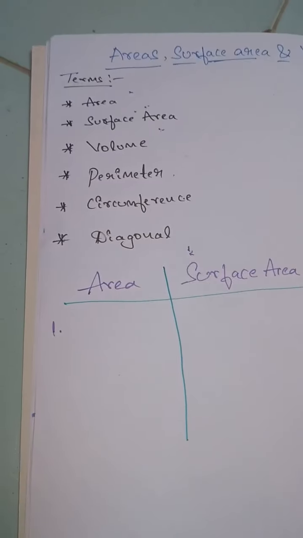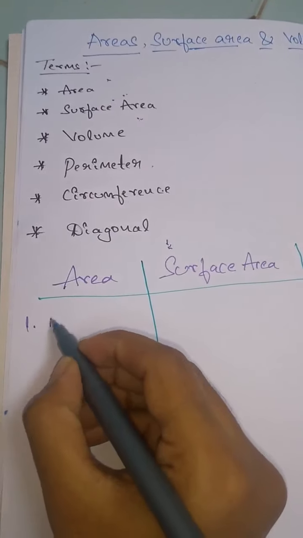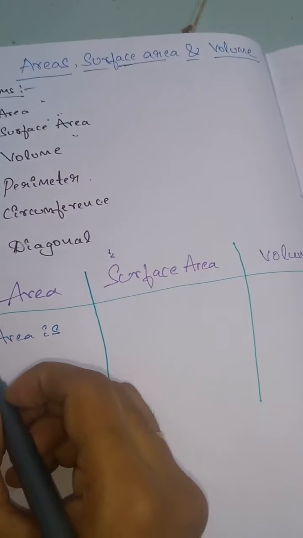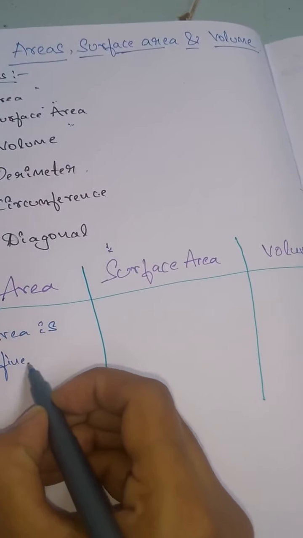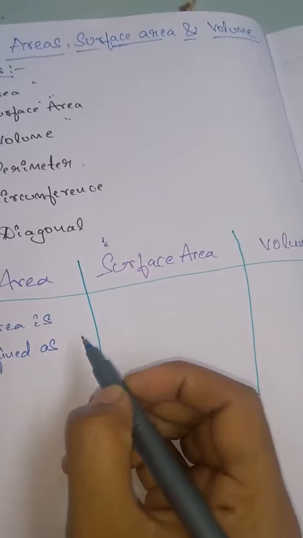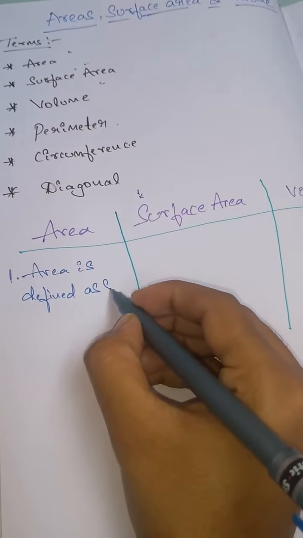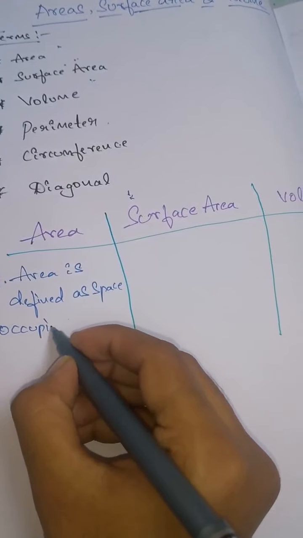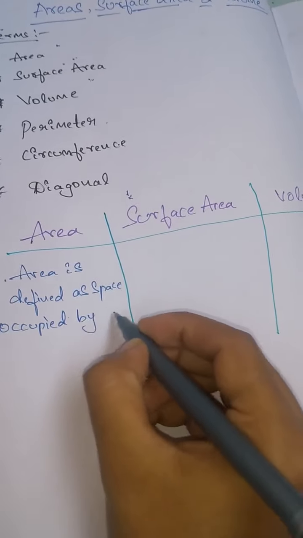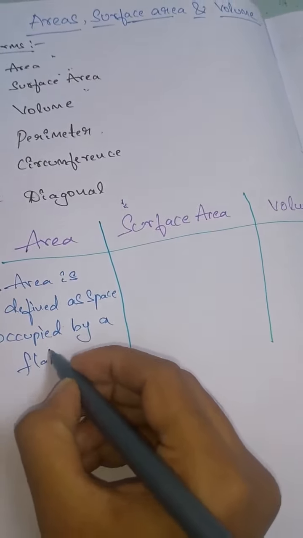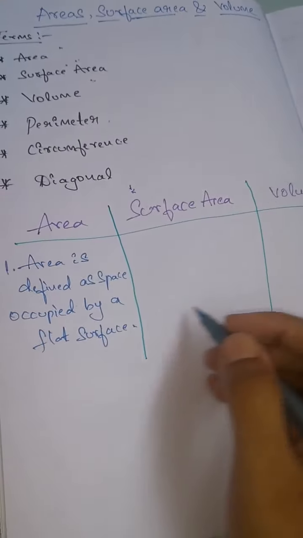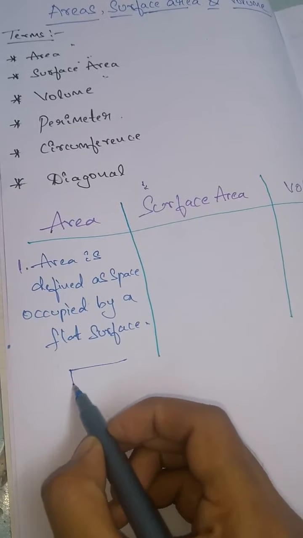Area is defined as the space occupied by a flat surface. Flat surface means, here, this is a flat surface.